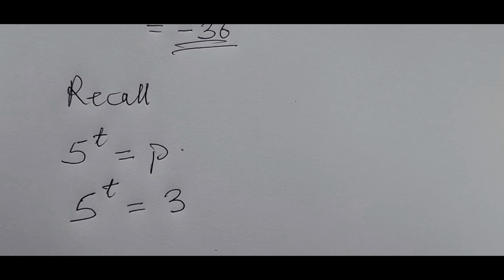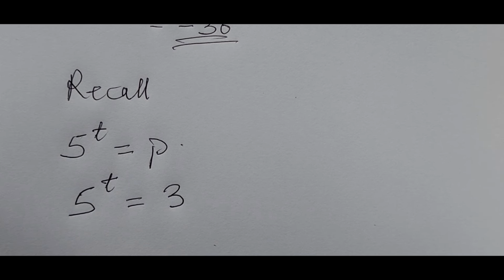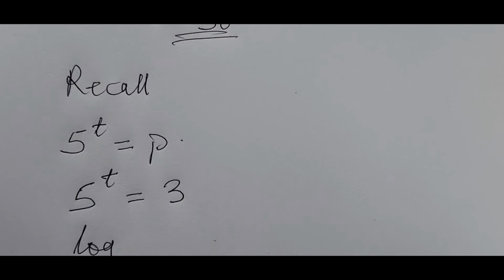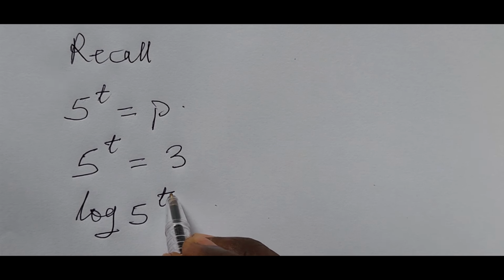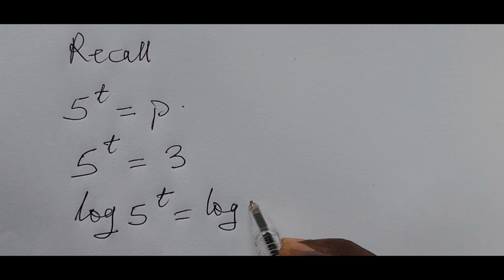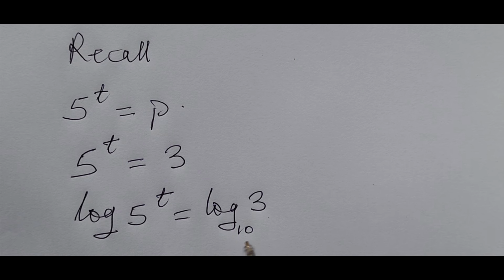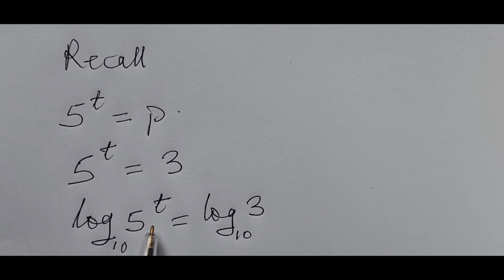To solve this, we just have to log both sides of the equation. Okay, so let's take log to base 10. We're going to have the log of 5 to the power of t is equal to the log of 3. We're taking this to base 10. With what we have here now, we have a power.